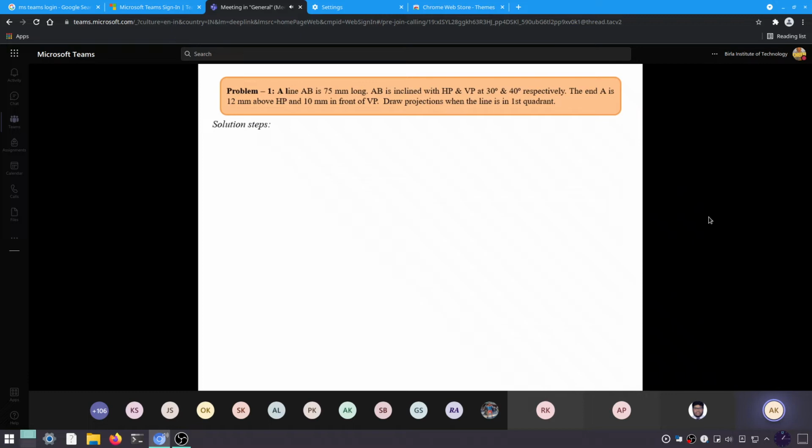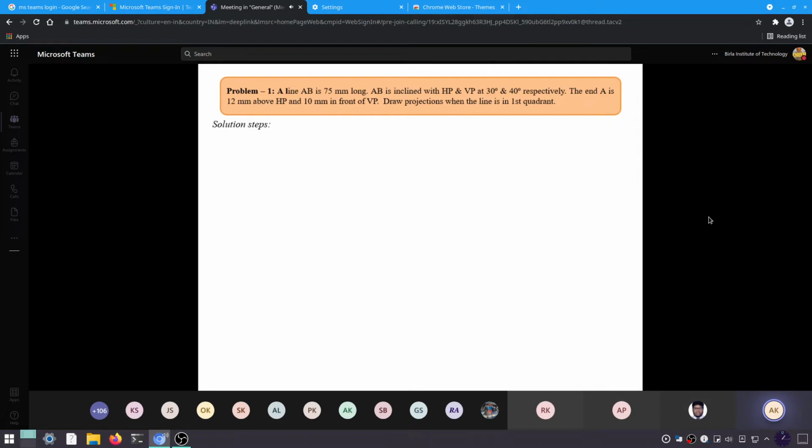Clear? The end A is 12 mm above HP and 10 mm in front of VP. So the location of A is already provided to you. Draw the projection when the line is in the first quadrant. Okay?